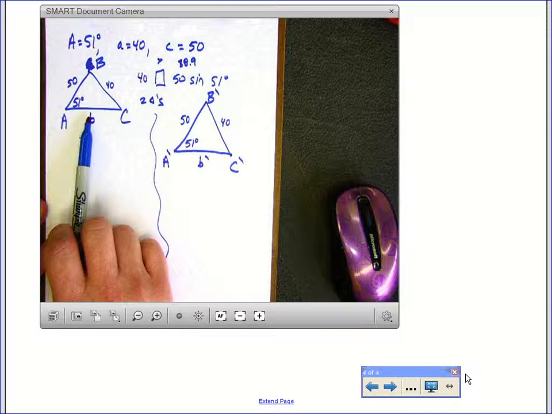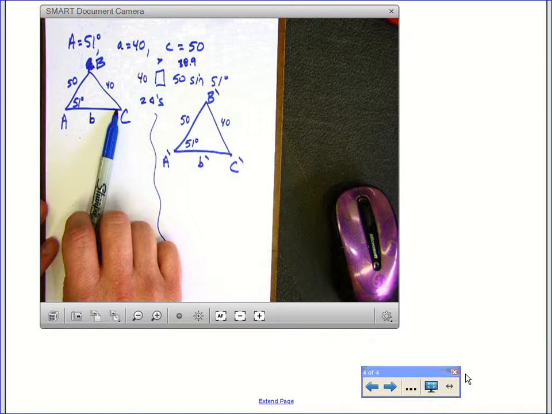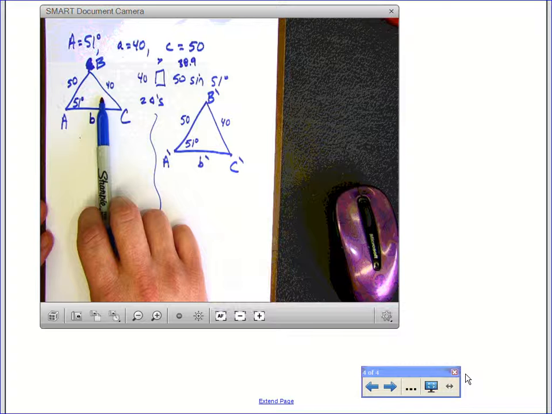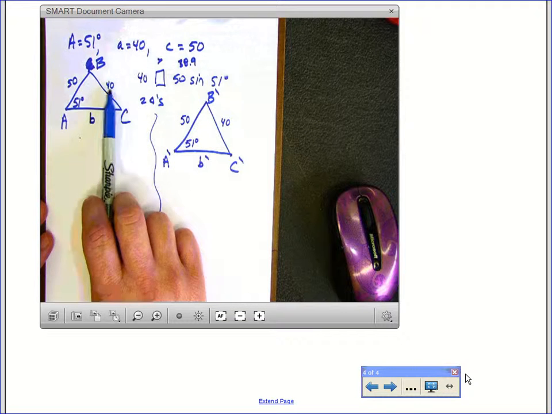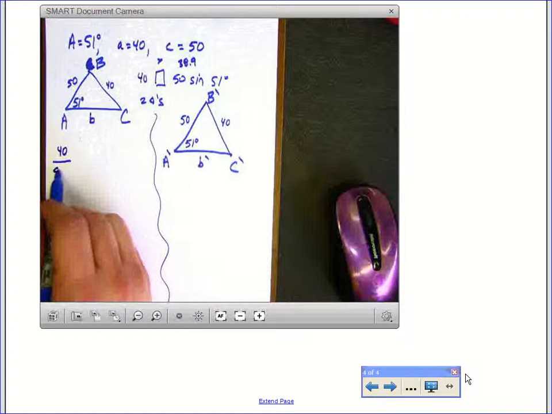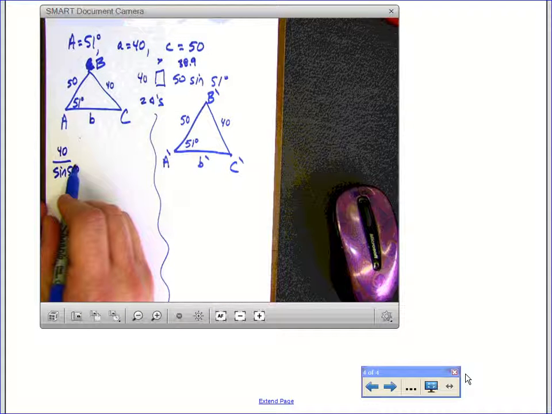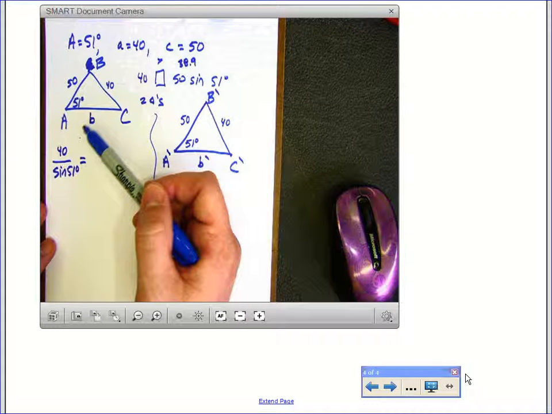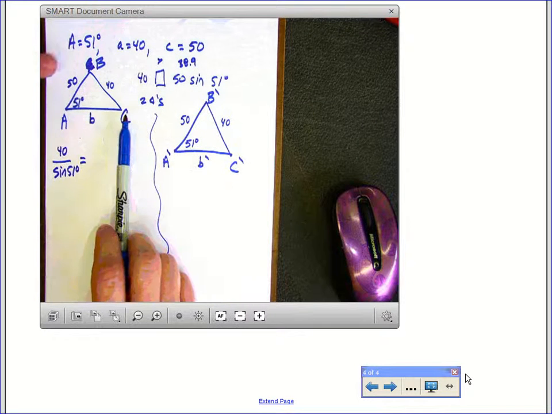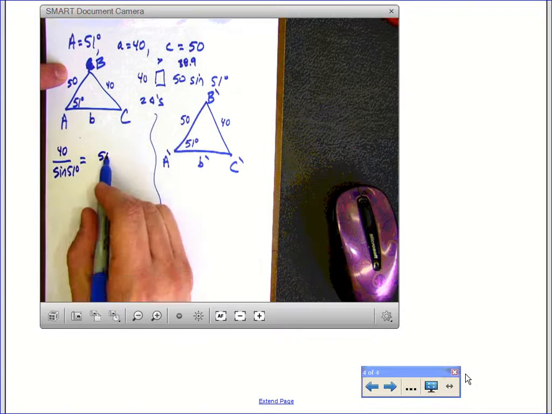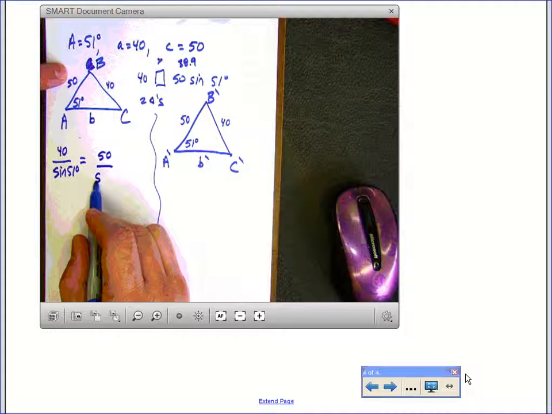So you could find angle C. We're just going to set up the law of sines and find out what an angle is here. So we can do 40 over sine of 51 equals, do y'all see why we can't do anything with the B's? You don't know either of them. You've got to have at least one of the two. Now I've got the 50 on this one, so I can do 50 over sine C.